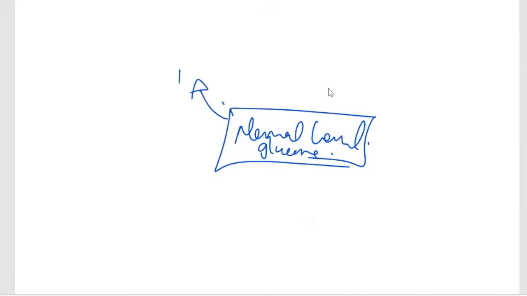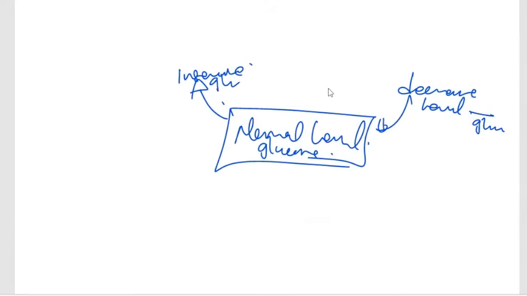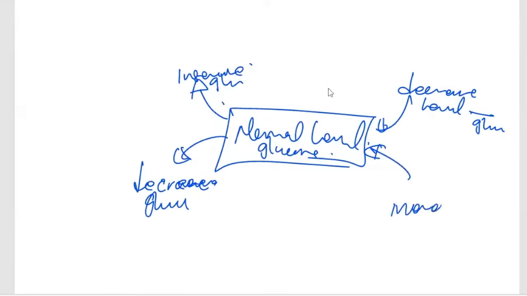If there is here increase or high level, the last point must be decrease in the level of that. In this case, it is glucose. If here is decrease or low level of glucose, then the last point must be there is increase or rise in the level of glucose.